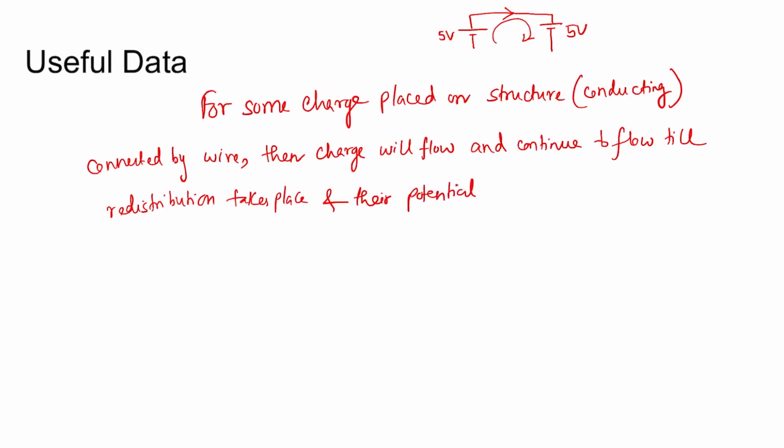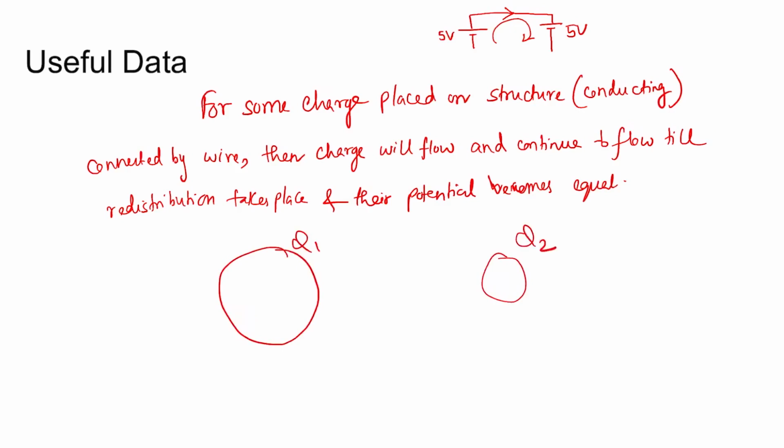So this is a very important point: potential becomes equal. Since they are connected by that long wire, with charge Q1 and charge Q2, and all are conducting, charge will continue to flow till VA equals VB.